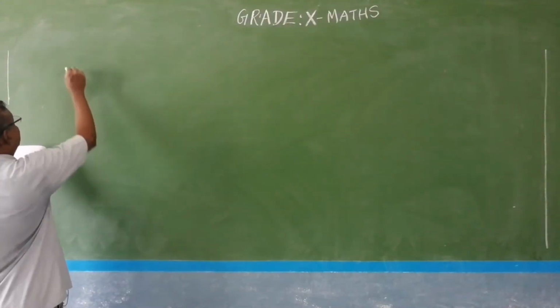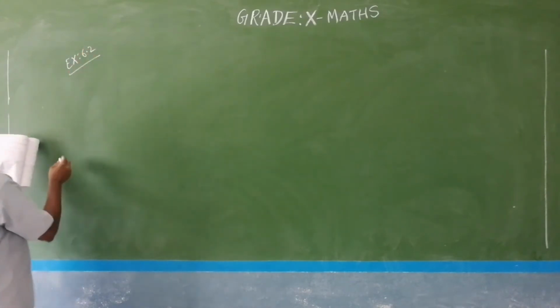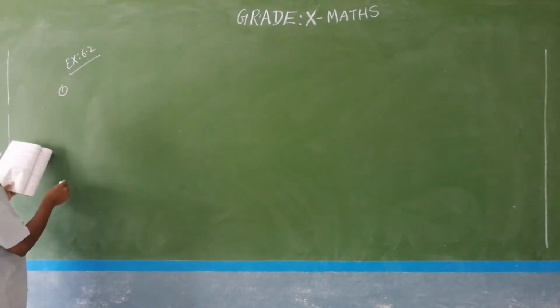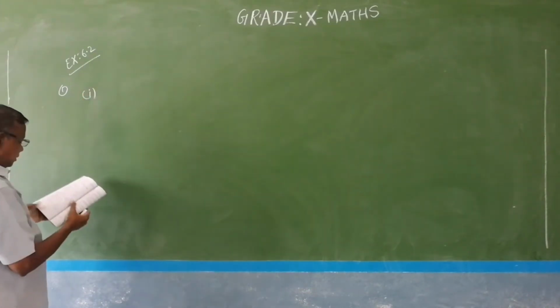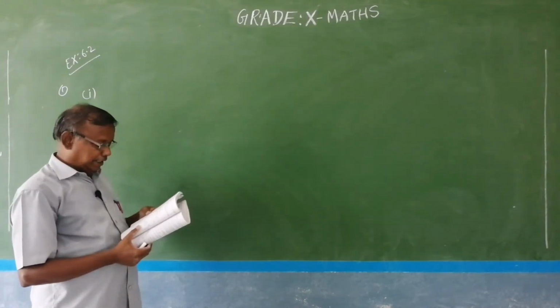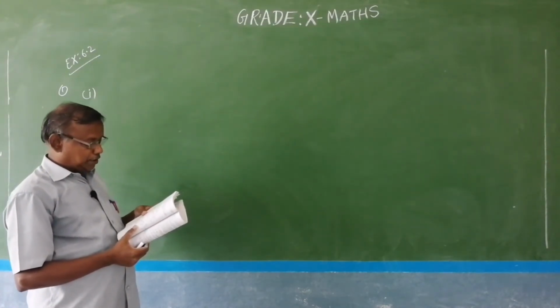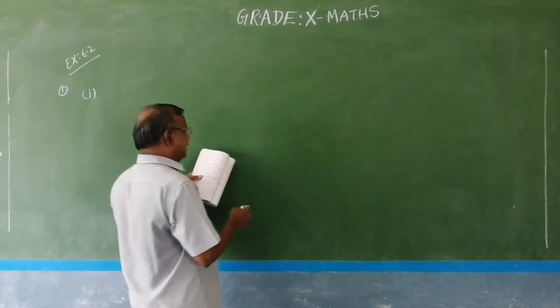Exercise 6.2, question number 1, and there are two subdivisions. The first subdivision in figure 6.17, subdivisions 1 and 2, DE parallel to BC. So, let me take the first subdivision.